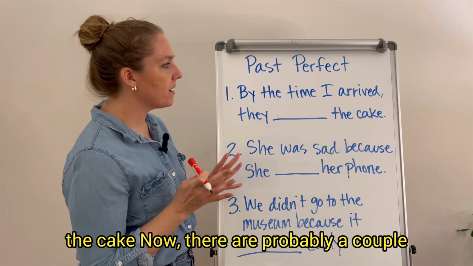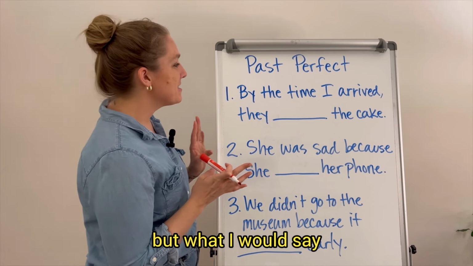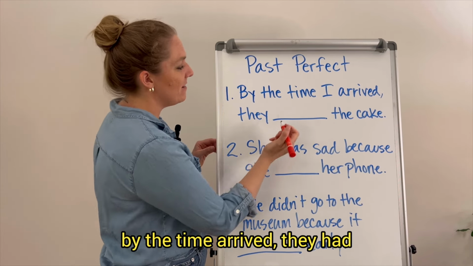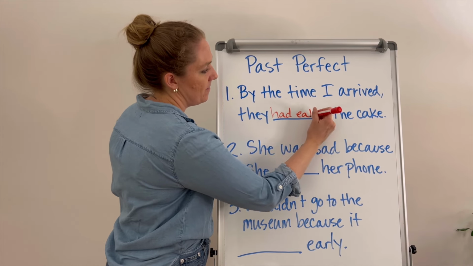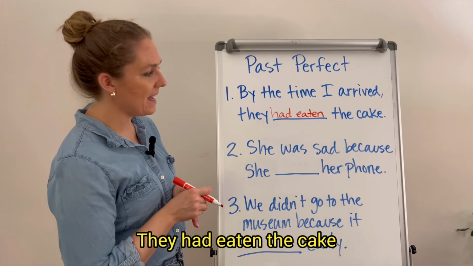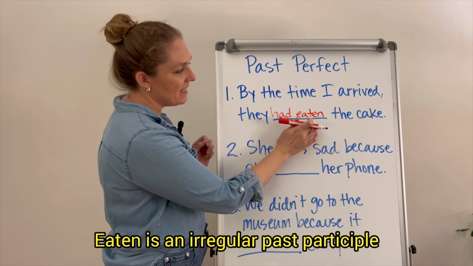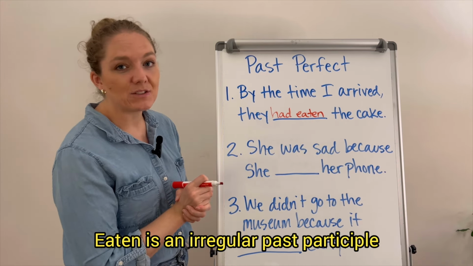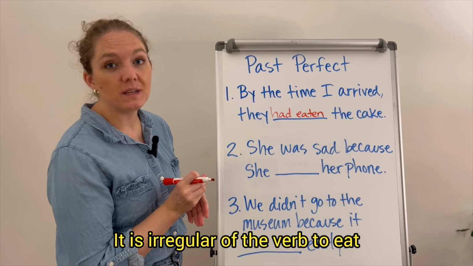Now, there are probably a couple ways you could go with this, but what I would say, by the time I arrived, they had eaten the cake. Had eaten being the past perfect. Eaten is an irregular past participle of the verb to eat.